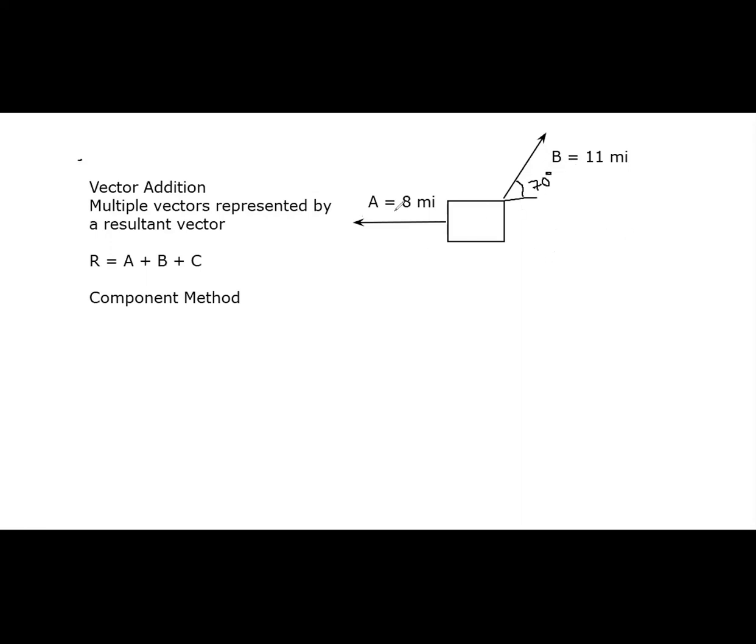So what we want to do is find one vector that is these two together. So R equals A plus B.